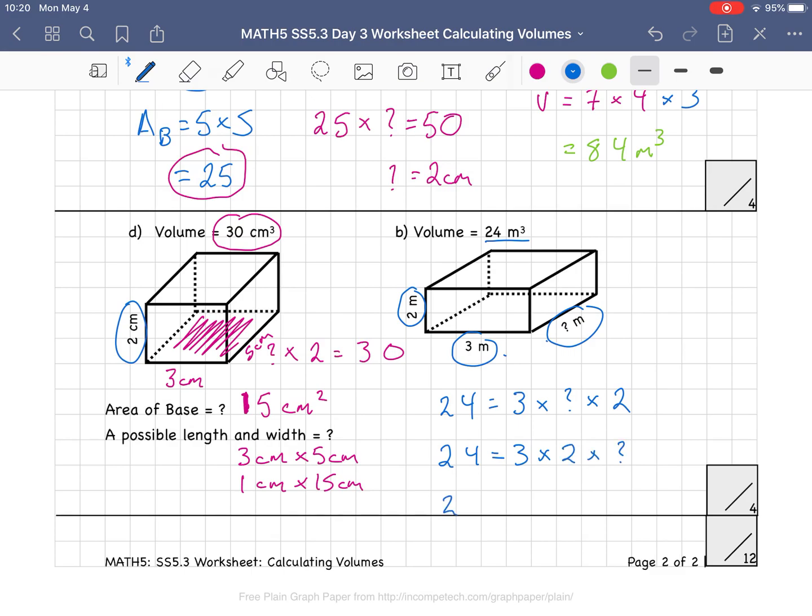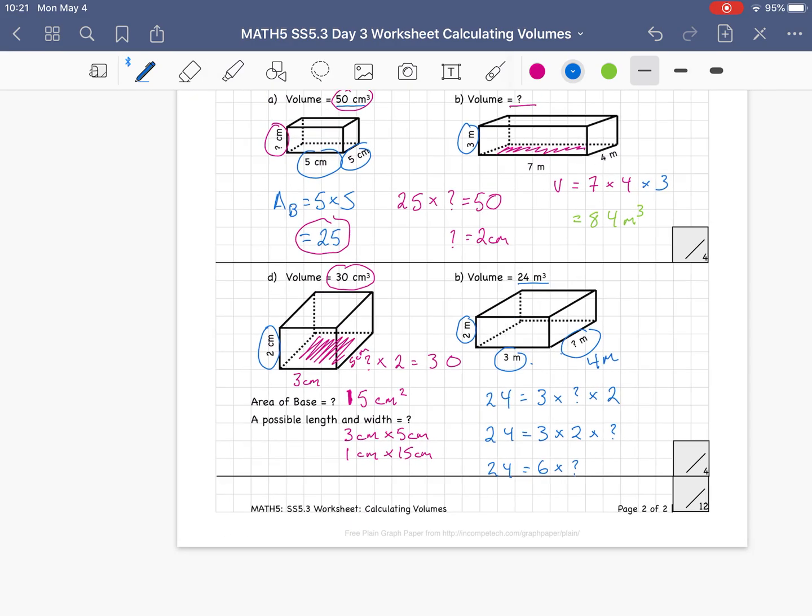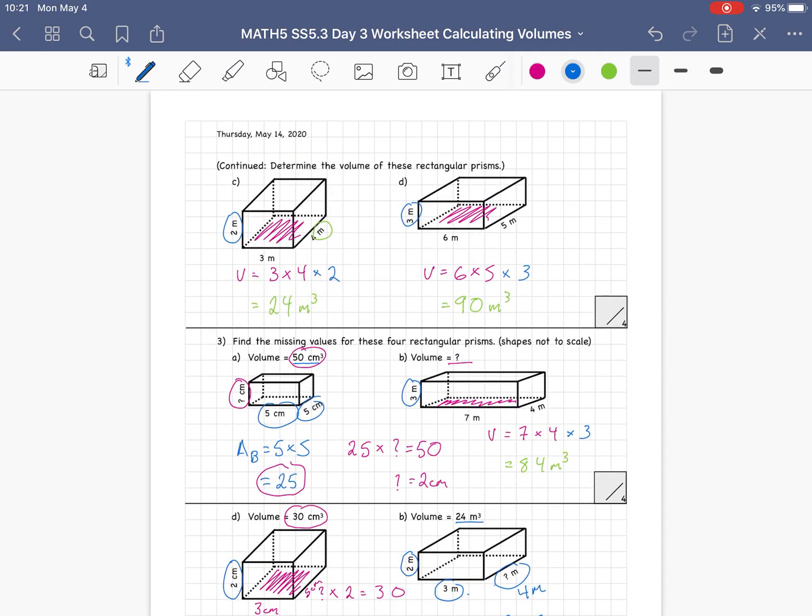Well, this is multiplication, so I can rearrange this. 24 is equal to 3 times 2 times what? So 24 is equal to 6 times what? And this what would have to be 4 meters, because 6 times 4 is 24.